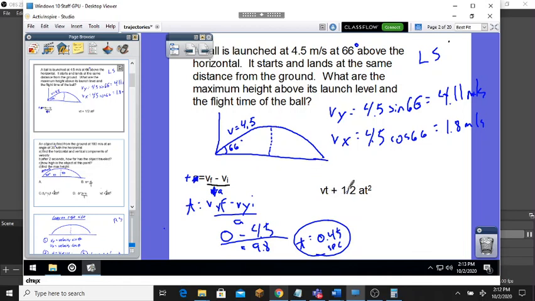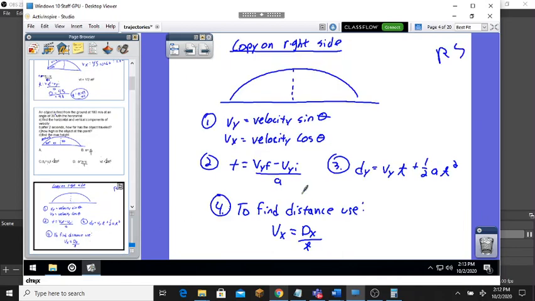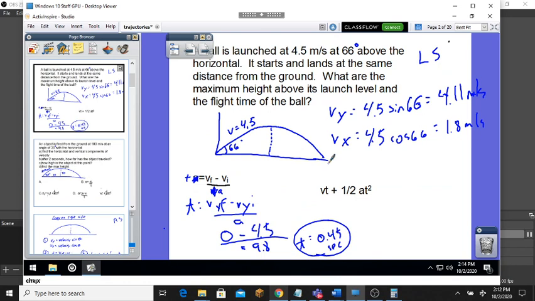So now if we look at our formula, dy equals vy t plus 1/2 at squared. So the distance on the y, how high up did it go? See this vy here?